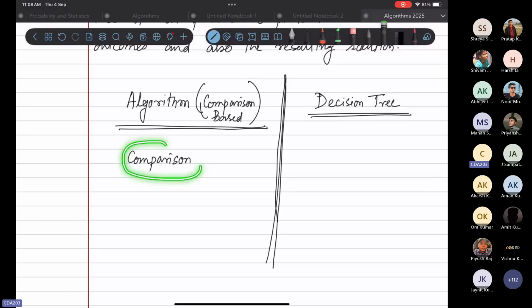One particular comparison, if I see, what does that correspond to in a decision tree? What represents a comparison in a decision tree? Is this question clear?